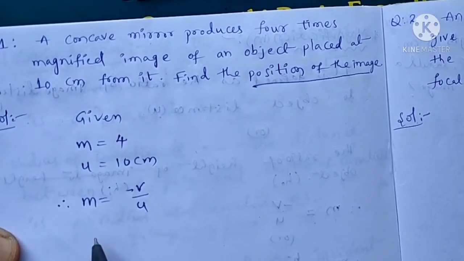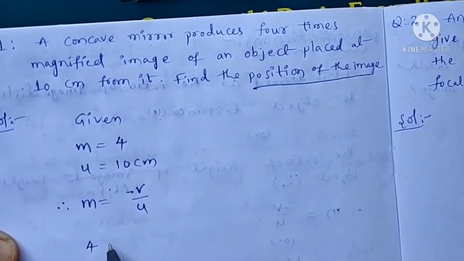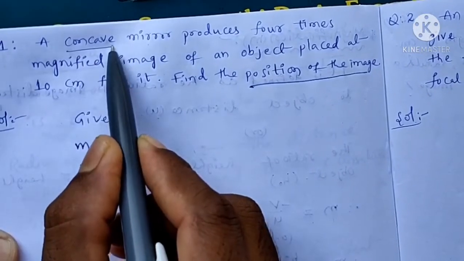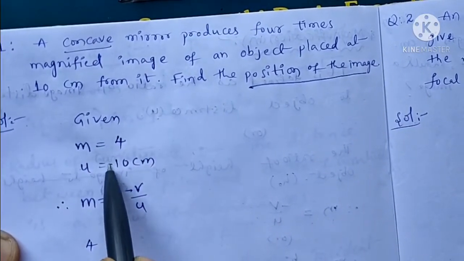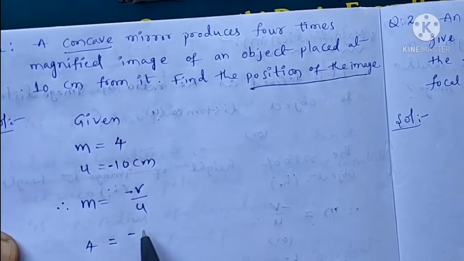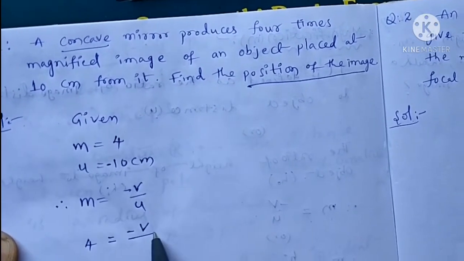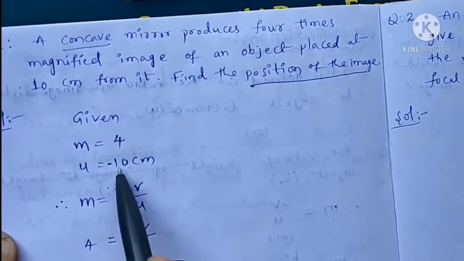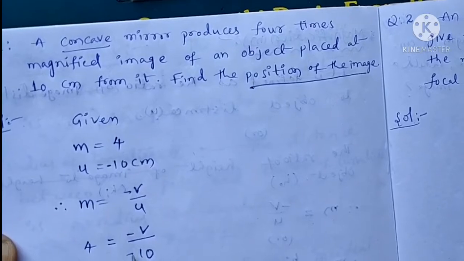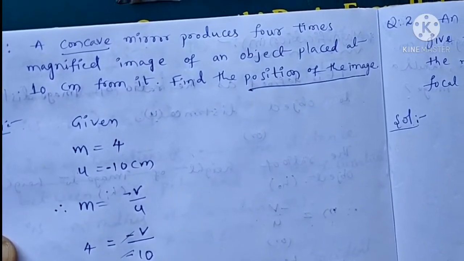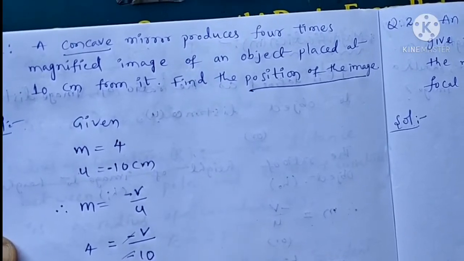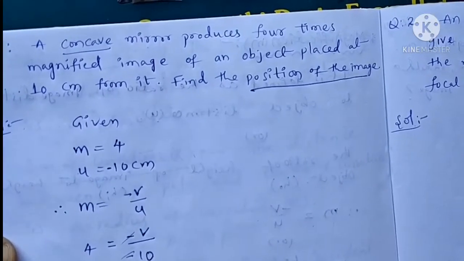So m equals 4, that is equal to, use sign conventions for the concave mirror. So object distance becomes minus, and minus is already there in the formula. v we don't know, so v as v, u is equal to minus 10, therefore minus minus get cancelled, v equals 10 into 4, 40 centimeters.